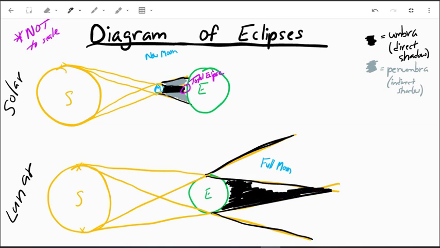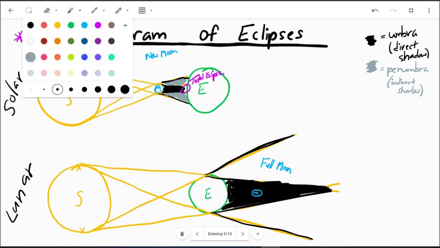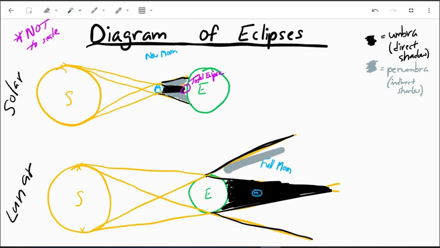I'll draw the moon back in. Moon's not gone. We're not going to have crazy seasons. We're not going to have solar tides. And then obviously the rest is filled in as a penumbra.